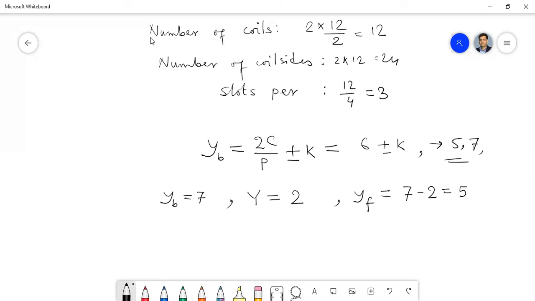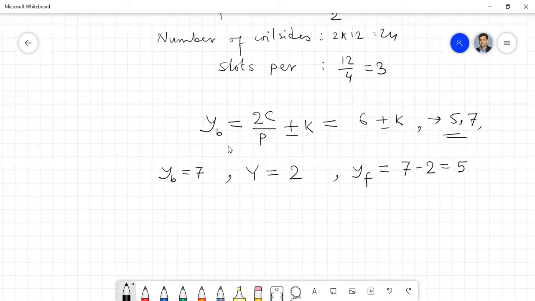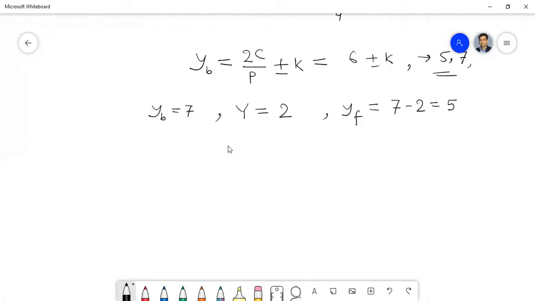That is 5. Isn't it? I think it's clear. So let us make the winding table. In the winding table, mostly we write the coil side numbers.